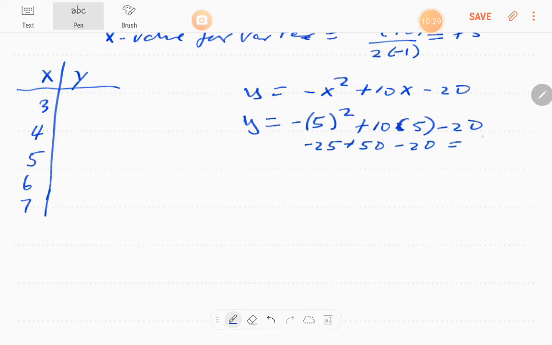So that's just equal to plus 5. So we have this point 5, 5.